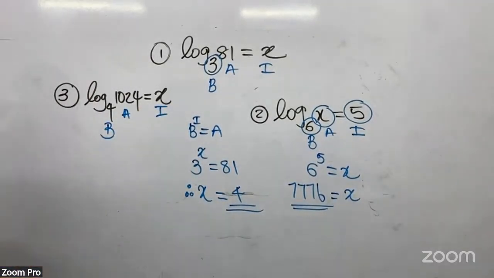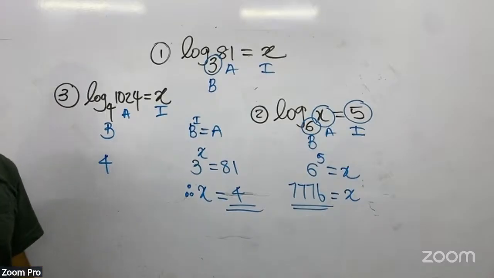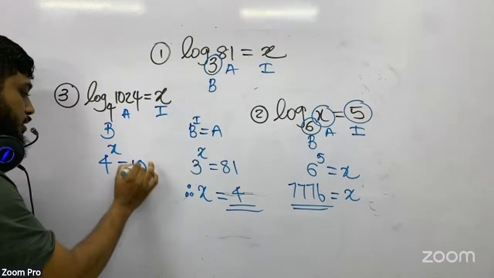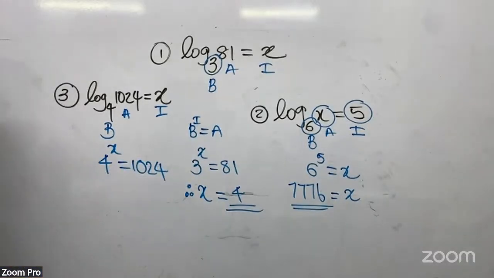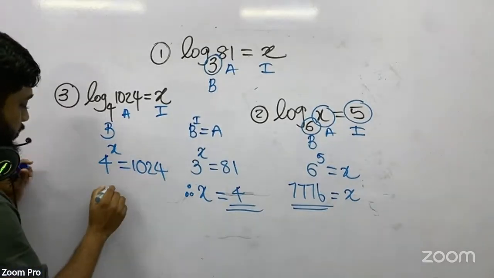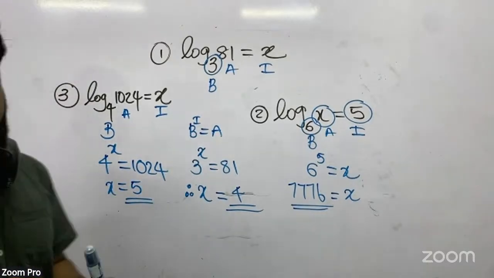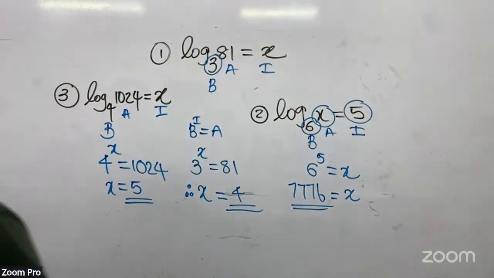The base is 4, the index is x, and the answer is 1024. Then 4 to which power is 1024? 4 to the power 5. So x is 5. Is it clear? Then number 4.